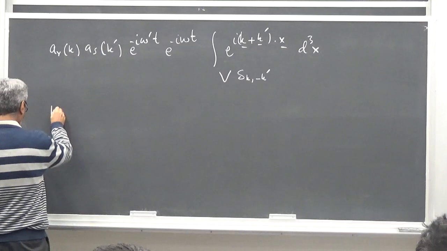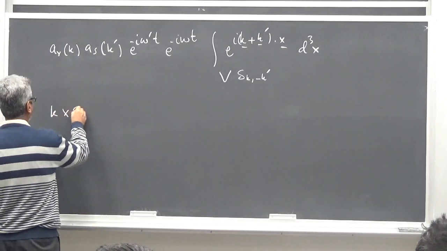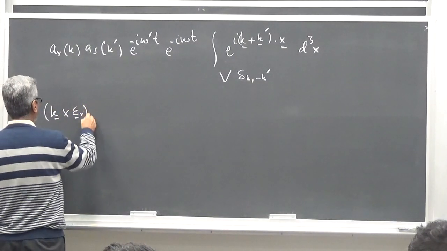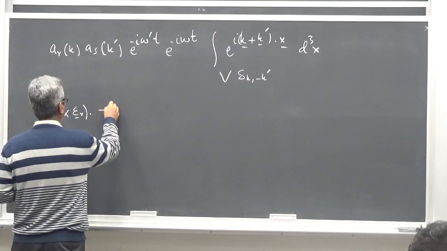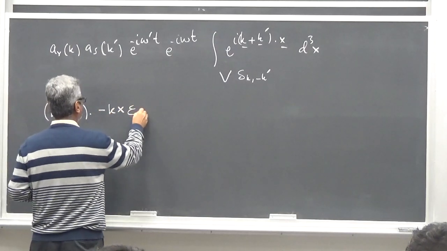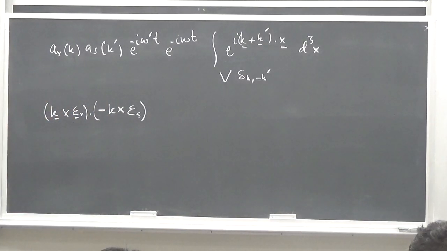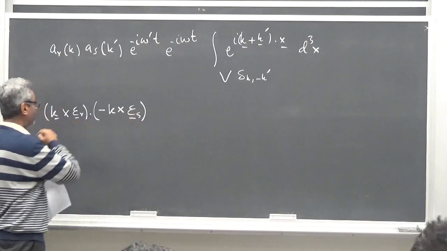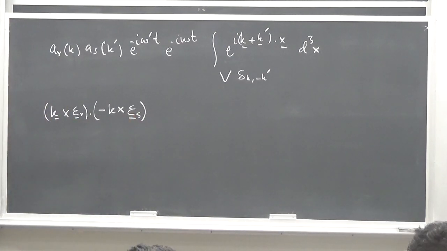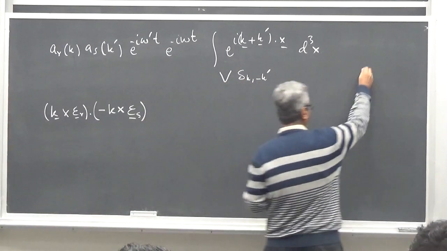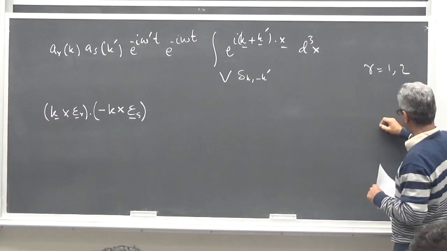So, K cross epsilon R dot minus K cross epsilon S. Okay. Now, epsilon R and epsilon S, epsilon 1 and 2, so R can take values 1 and 2, right?